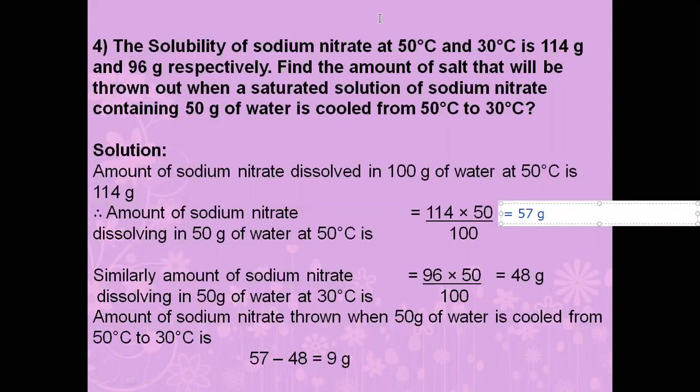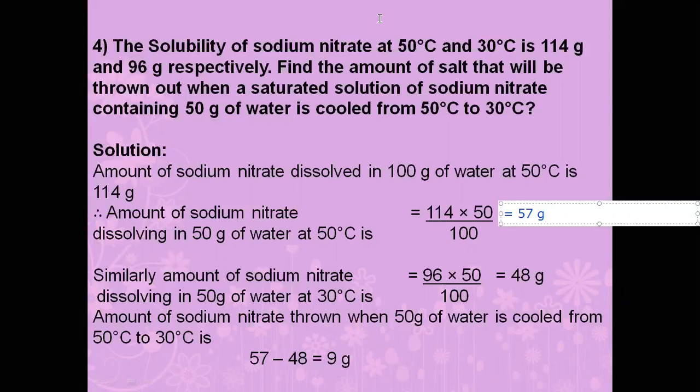Okay. So this is the fourth one. So these are based on the solubility. So next we solve the mass percentage. All of you know the formula for the mass percentage.